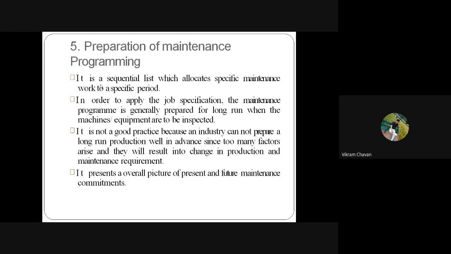Because if you perform some of the maintenance activities, you need to stop the machine, so that will be a loss of the machine, a loss of production time. To minimize the loss of production time, this specific period of maintenance is very important.